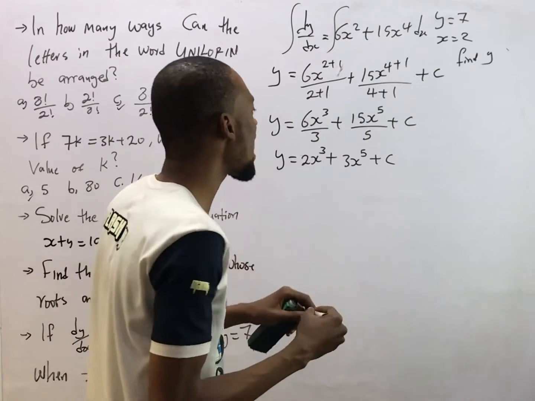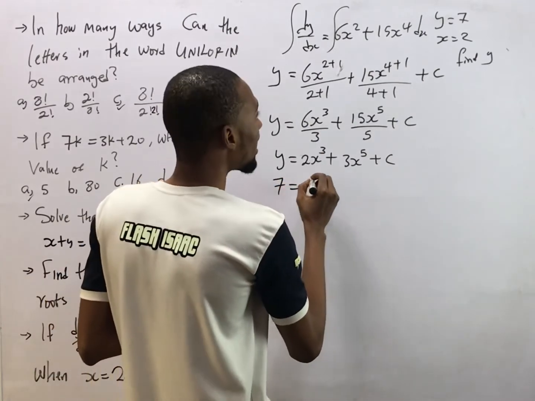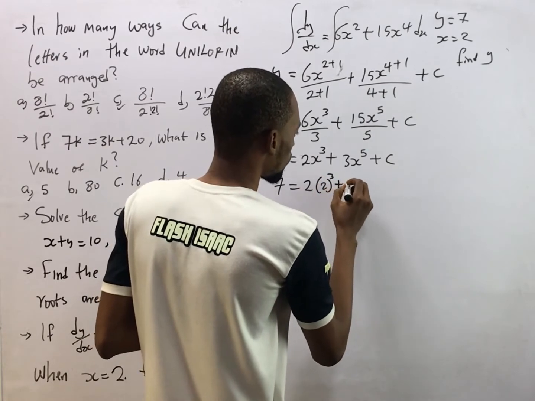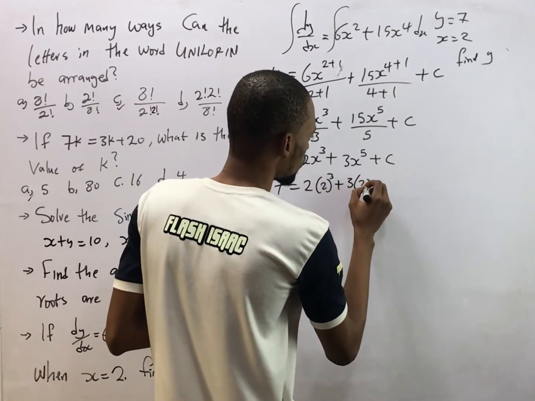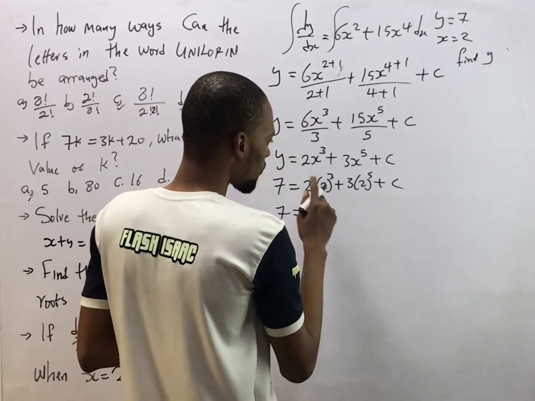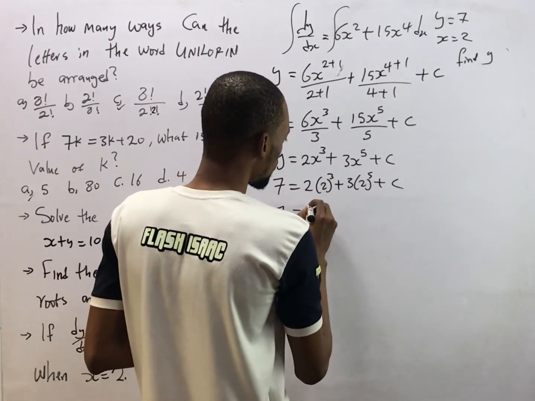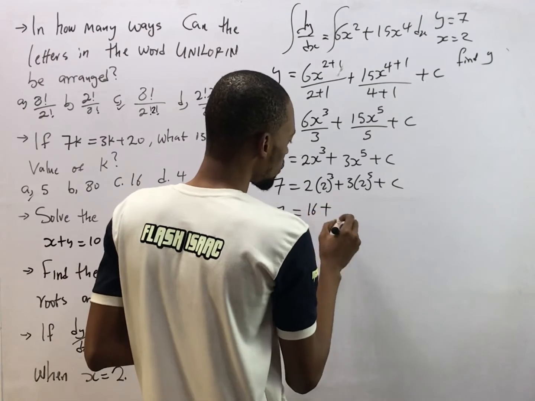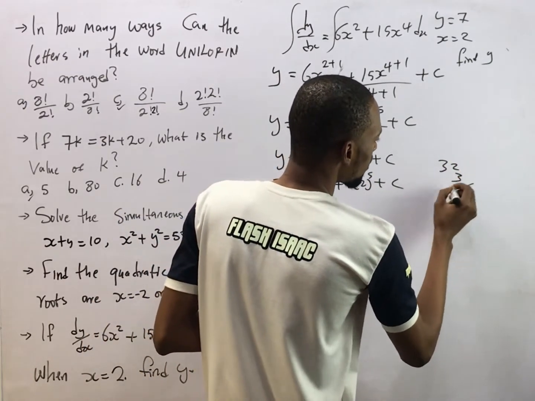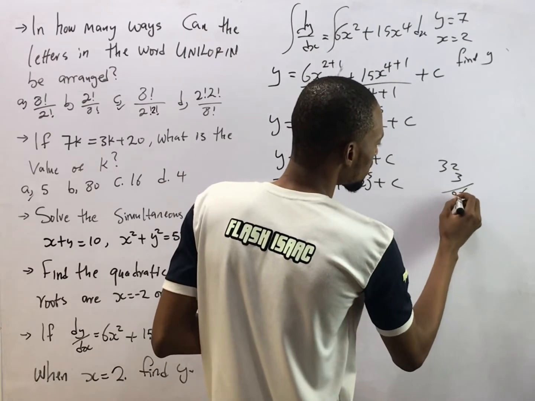So if you substitute y as 7 here and s as 2, plus c, so 7 will simply be 8 times 2, 16 plus 32 times 3. 3 times 2 is 6, 3 times 3 is 9.